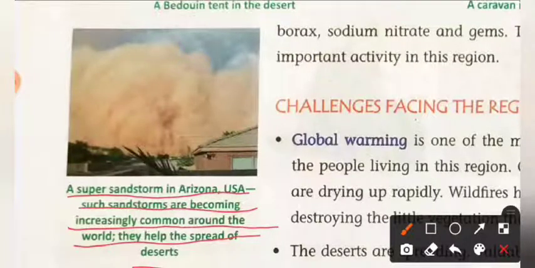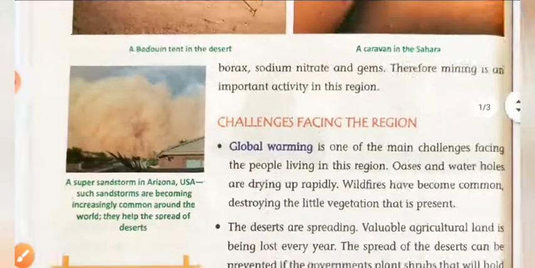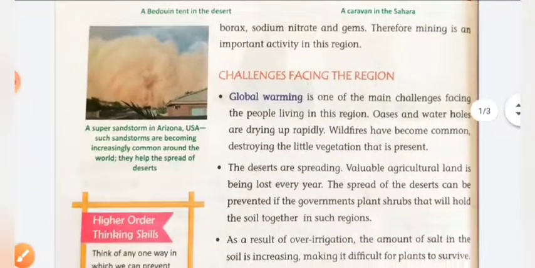Due to the superstorm, okay, the desert spreads because there is no forest or other natural things like mountains to check these storms. So the desert is increasing in the world rapidly.